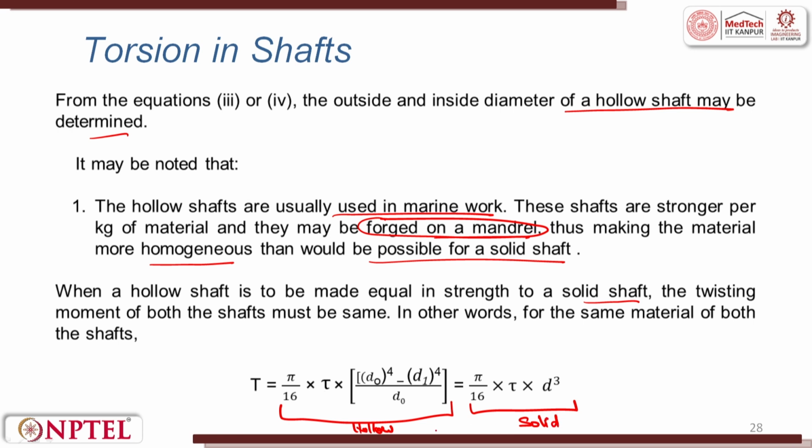So to design them for equal strength, these are equated, which is pi by 16 tau into (dO power 4 minus d1 power 4) by dO is equal to pi by 16 tau into d cube, where this d is for the solid shaft and dO and d1 are for the hollow shaft.